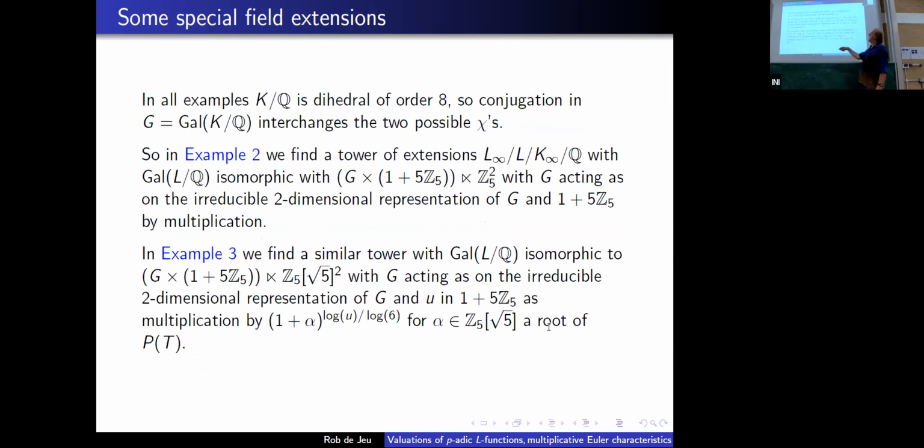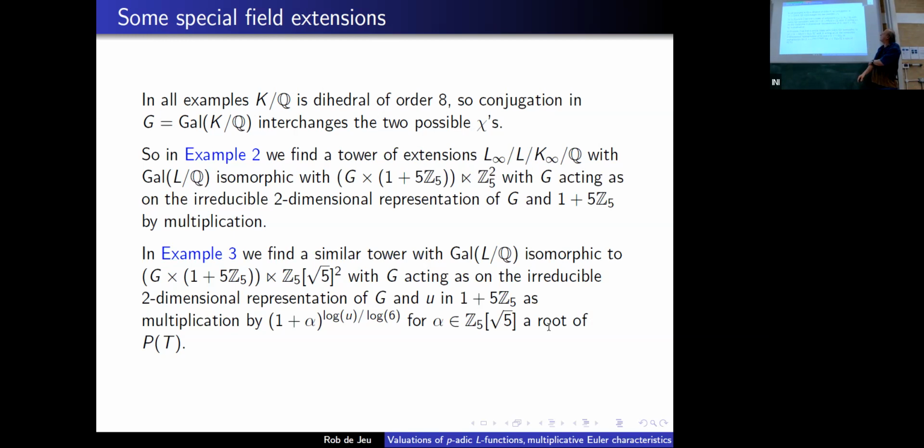What will act, well, we started with the Galois group, which was 4, and now we let it work over Q, and this group will be dihedral. Then we also have the cyclotomic Z5 extension, which we have now written like this for the normal action. If you figure out what's really going on here, you see that this one acts on this one by multiplication, the way the whole thing was set up.